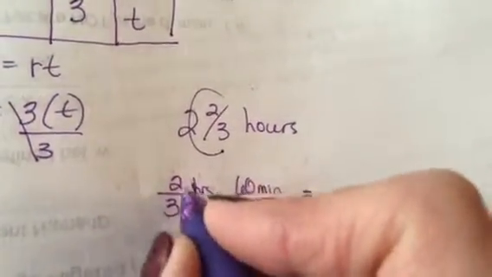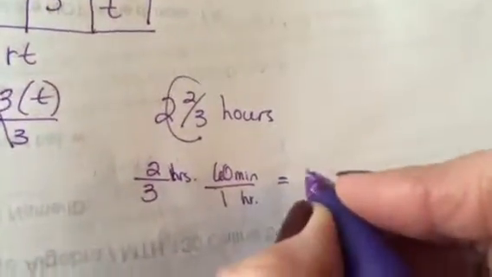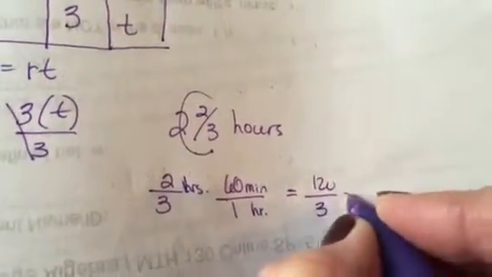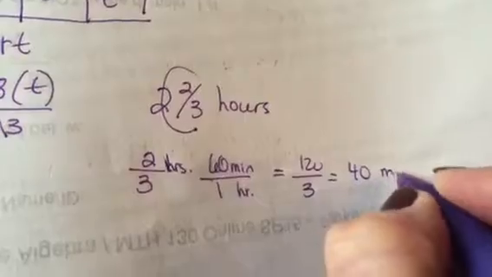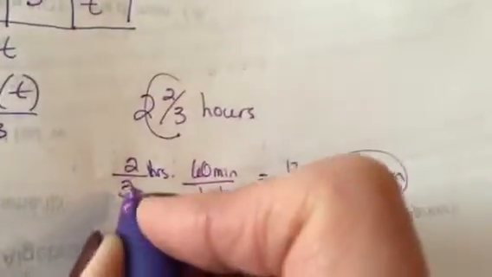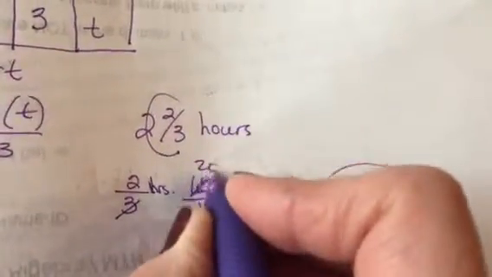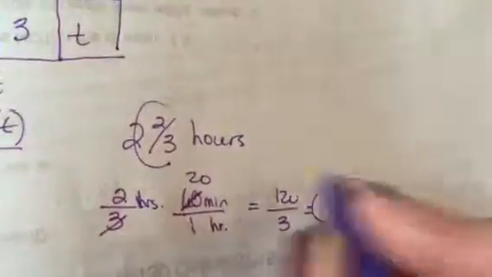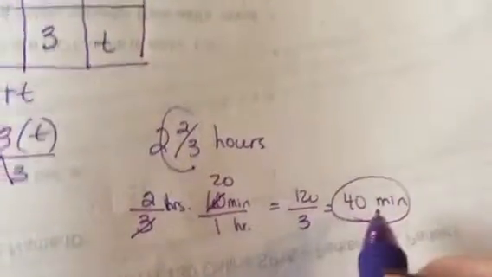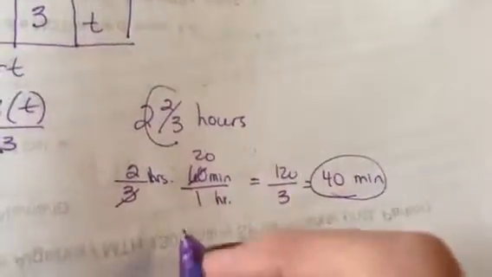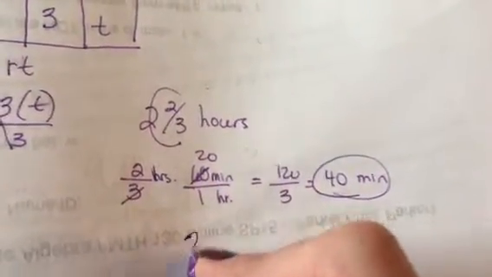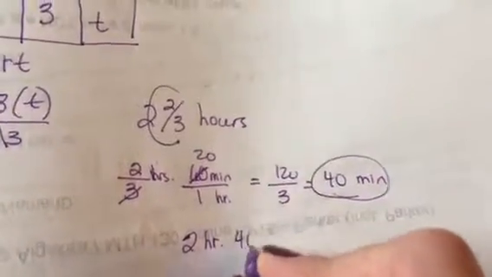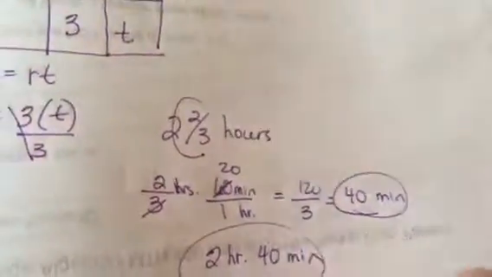So you can take 2 times 60 is 120, divided by 3, which is 40 minutes. Or you can do it like this: 3 will go into 60 20 times, and 20 times 2 is 40. And if you already knew that 2/3 of an hour is 40 minutes, good for you. Here's how you do it just in case. So your answer for the time is it took her 2 hours and 40 minutes to walk to the park.